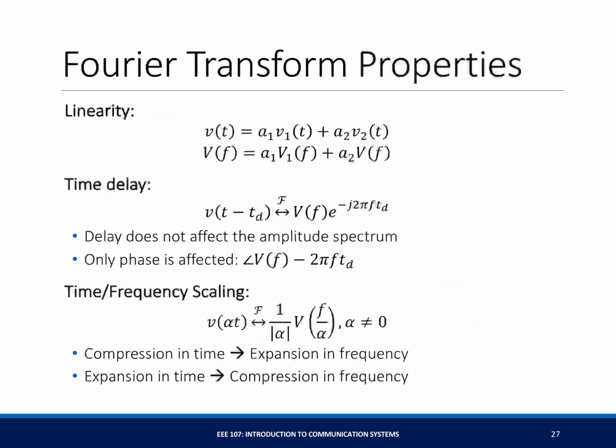So other properties of the Fourier transform: the linearity property. If a signal is equal to a weighted sum of two different signals, the Fourier transform of that same signal is the same weighted sum of the individual Fourier transforms of the two signals. The effect of time delay, right here, is basically just a phase shift.